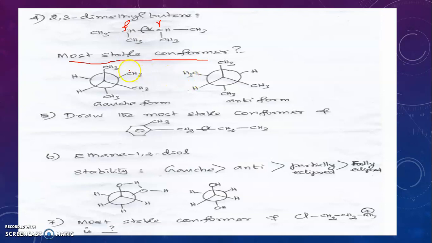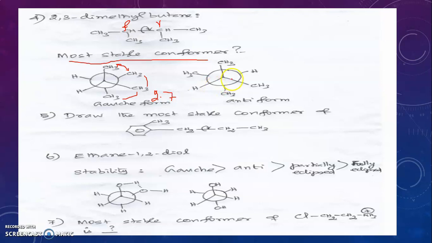Here we have gauche interaction, butane gauche interaction between these two methyl groups, these two methyl groups, and these two methyl groups. So we have 3 butane gauche interactions. So 3 times 0.9 is roughly 2.7 kilocalorie per mole.